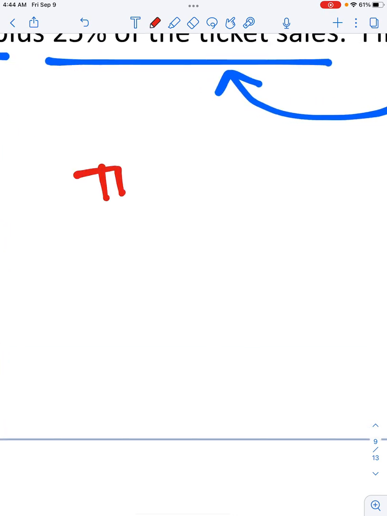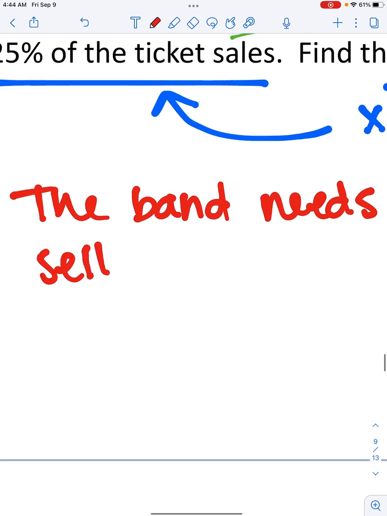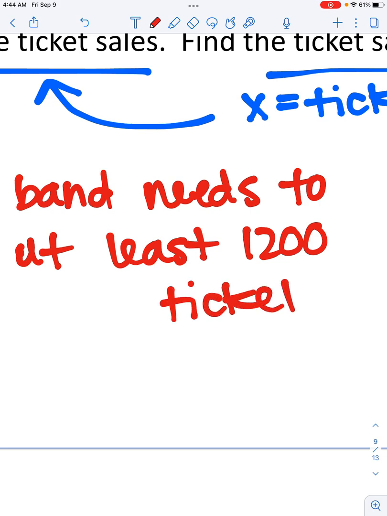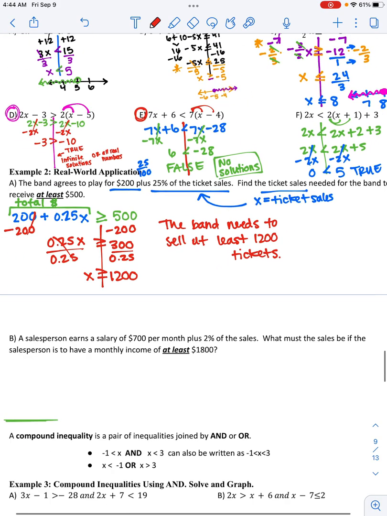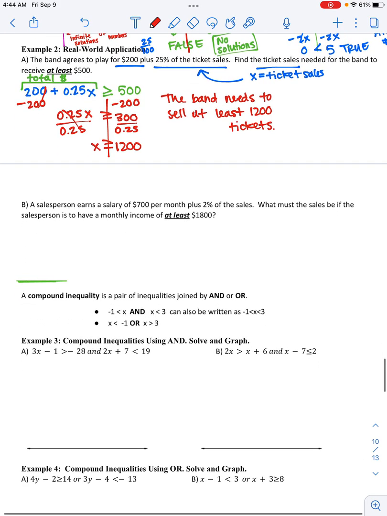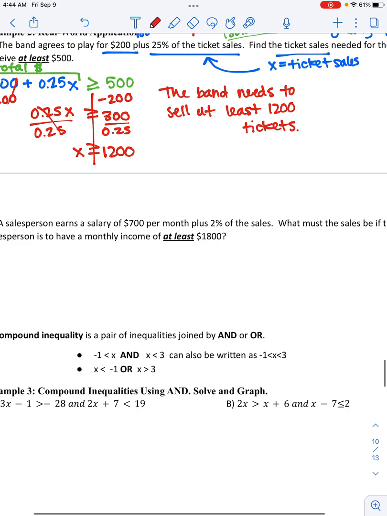So you would say the band needs to sell at least 1,200 tickets in order to make $500.